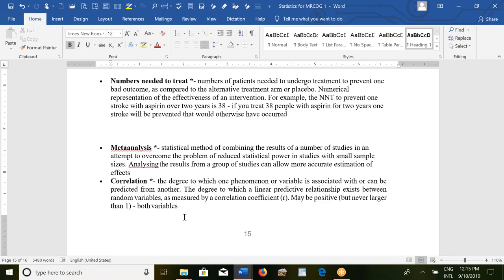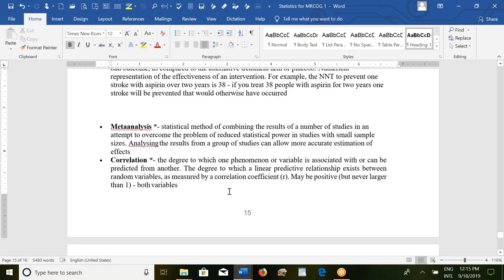Correlation is the degree to which one phenomenon or variable is associated with, or can be predicted from, another one. It is the degree to which a linear predictive relationship exists between random variables, as measured by a correlation coefficient R. It may be positive, but it will not be larger than 1. So if they are going in the same direction and both are increasing, then you will say that there is a positive correlation.